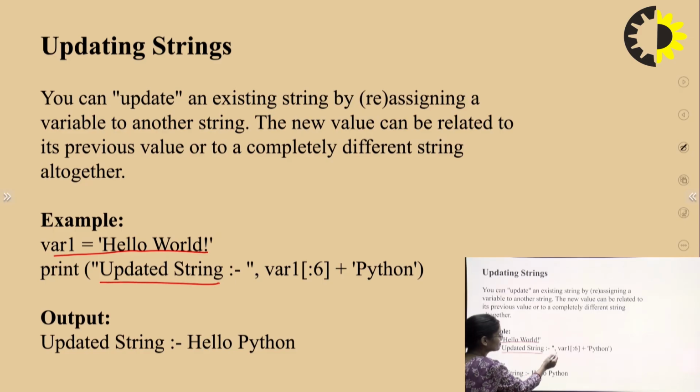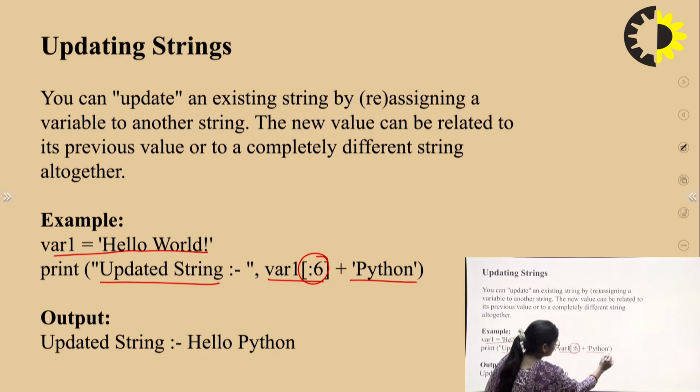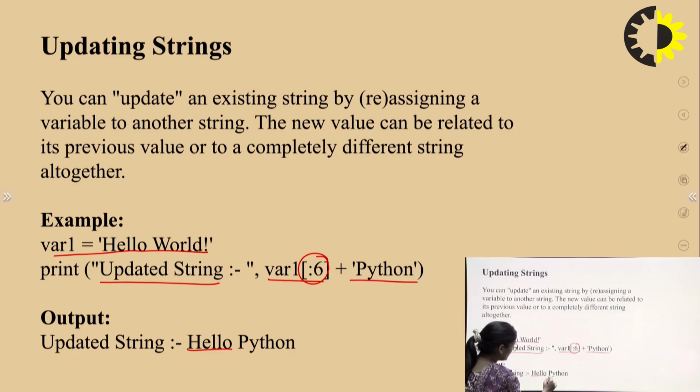What is update string? Variable 1[:6] plus Python. So, the updated string is hello Python. Here, 6 means counting 1, 2, 3, 4, 5, and this is the 6th value. So, what we have to write here? We have to write Python.